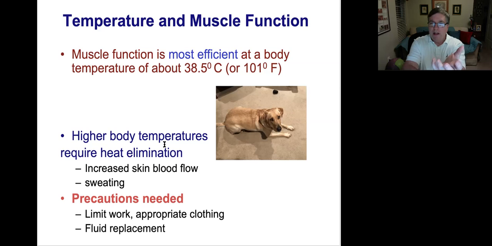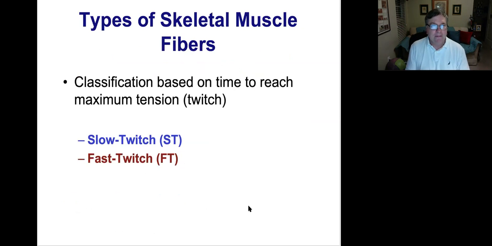We get an increase in skin blood flow. We have these fine hairs, which actually help with heat dissipation. We're kind of built for heat dissipation. It doesn't feel like it in July sometimes here in College Station, but we are kind of built to be able to do that. Under cold conditions, we wear a lot of clothes. So precautions needed: limiting work, appropriate clothing, fluid replacement that we talked about.